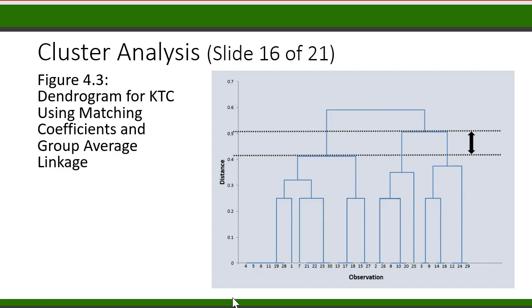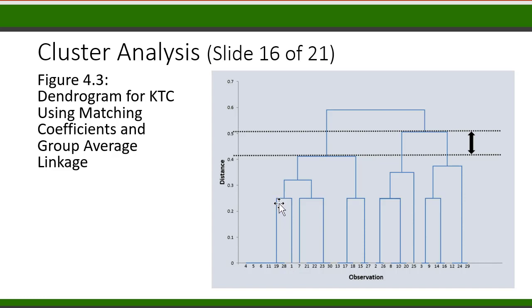You need to follow along in your book if I'm not explaining it slow enough, but it's fairly easy to figure out. So we have 1 cluster here. This represents a cluster. We have observations 4, 5, 6, 11, 19, 28 combined with 1 here.